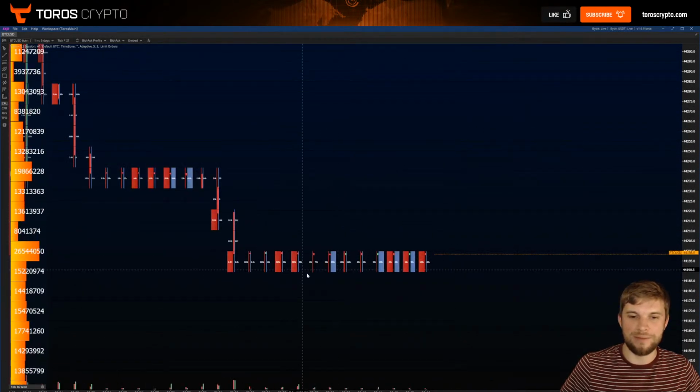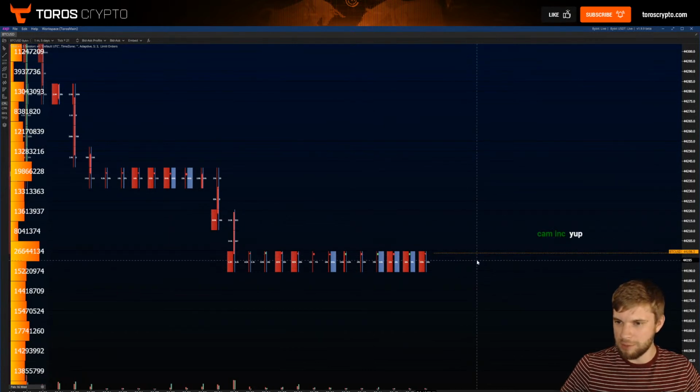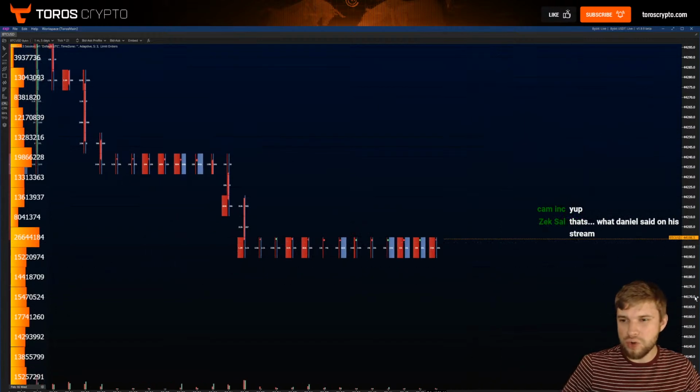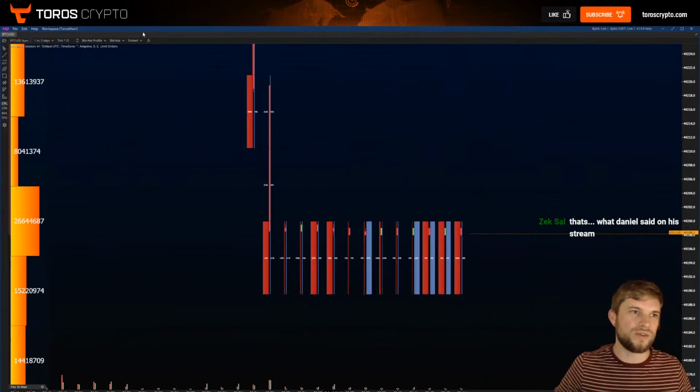Okay, so we have a huge CVD divergence building at these lows between the price of 44,195 and 44,198. A huge $3 range on the charts right now.